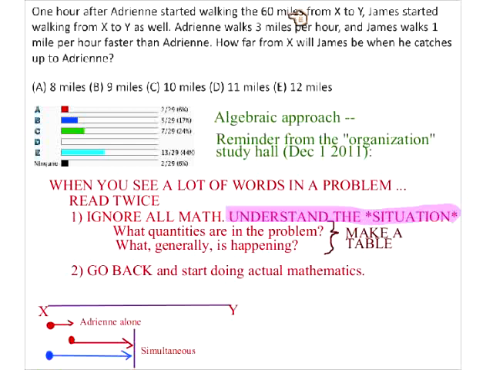It actually doesn't matter at all. Because nobody is going to make it the whole 60 miles. They're going to catch up at some point in the middle of the path, and then they're done. So smiley face if you understand that this is the situation.